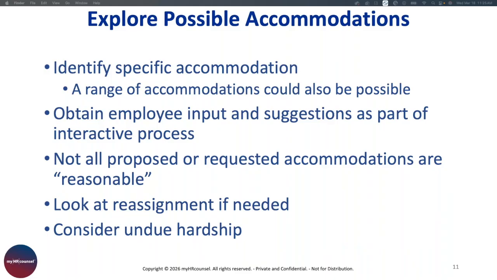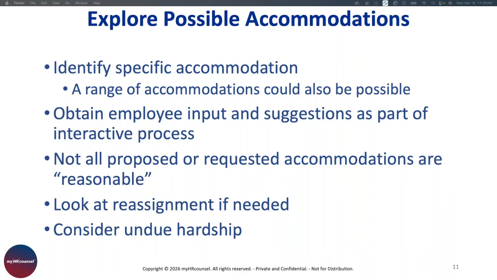You can ask the employee for suggestions to assist in determining the type of reasonable accommodation to provide. However, remember that the employee is not required to specify the precise accommodation needed. You can notify the employee of any vacant position for which the individual may be eligible as a reassignment. Again, you don't have to create a position, you don't have to bump somebody else from their job, but if there is a vacant position for which they are qualified, reassignment into that vacant position could be a valid, reasonable accommodation.